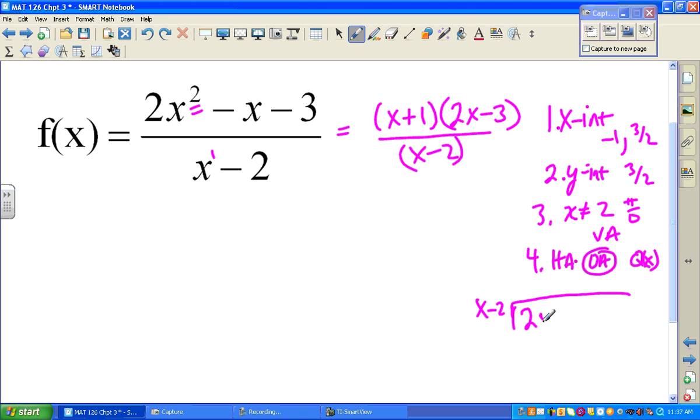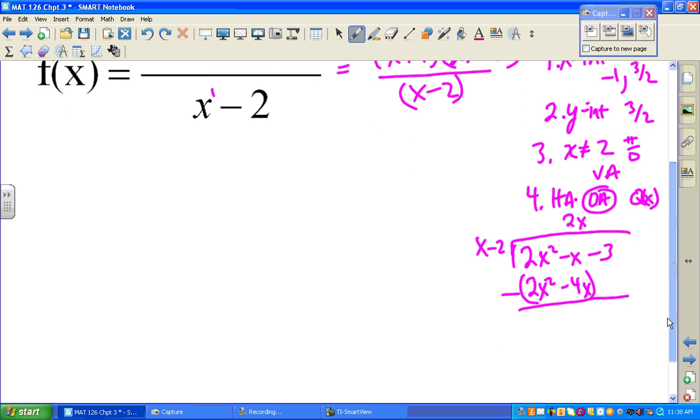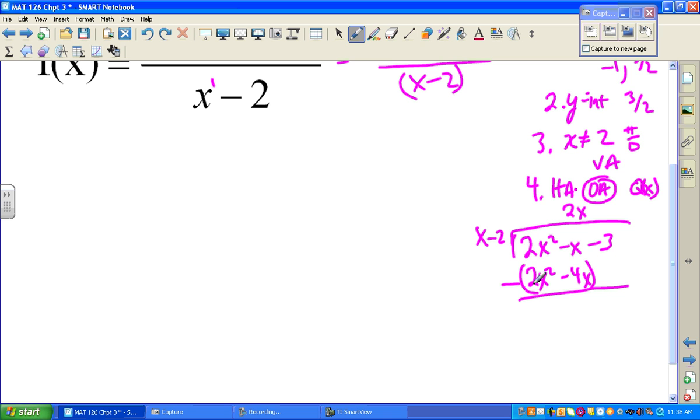2x squared, but I'm going to do long division, old school. So x goes into 2x squared 2x times. So I have 2x squared minus 4x. Remember, you have to multiply this through to both of them. I subtract. 2x squared minus 2x squared is 0.